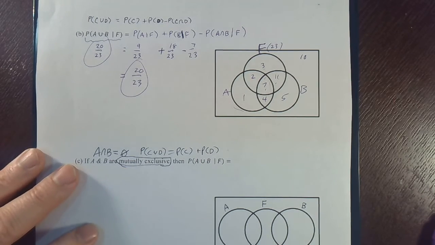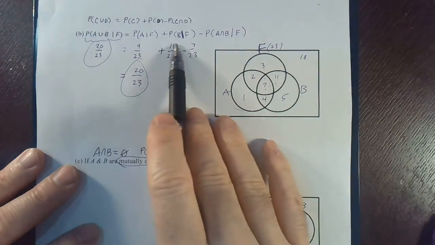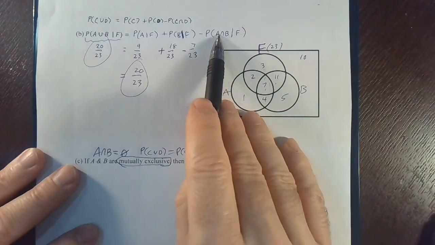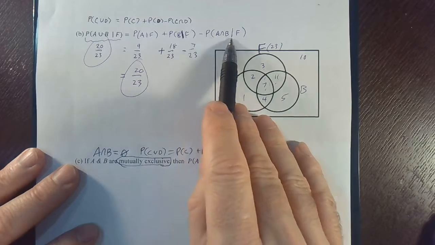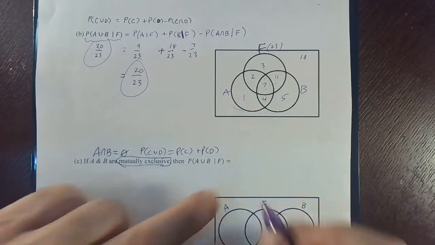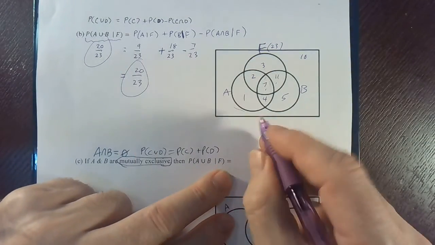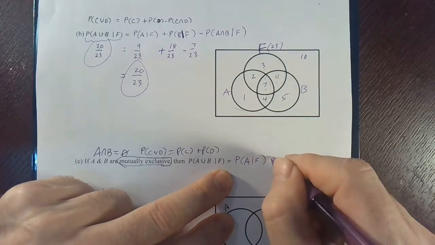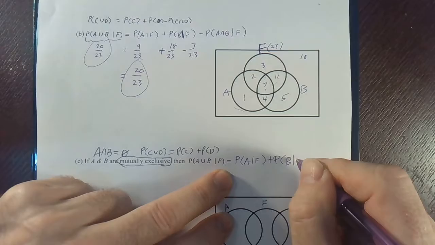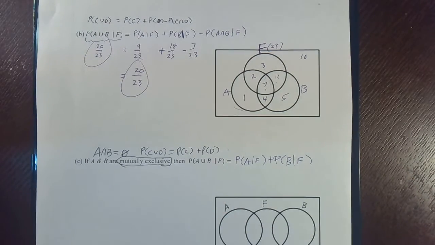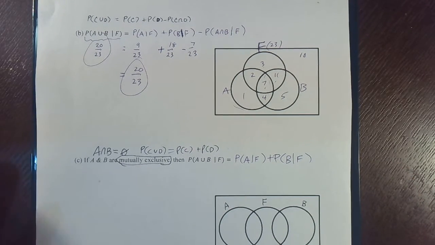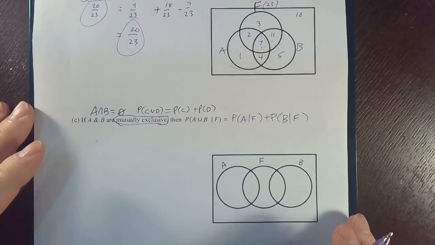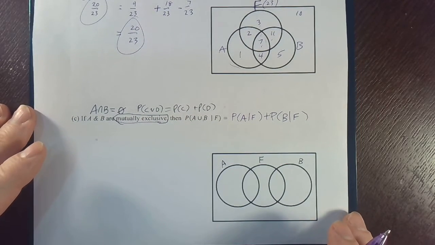All right, so all we need to do is basically get rid of this term here, which is a 0. So it's going to look very much like above. The probability of A given F plus the probability of B given F. That's the formula.